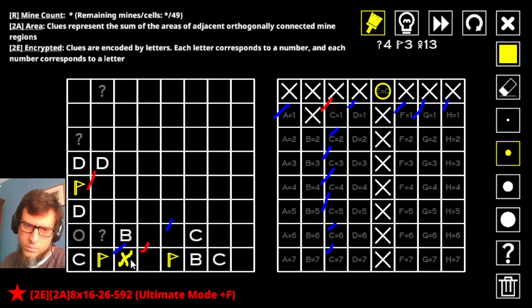Okay, so if this is a mine, then C is at least 2, and so is B. Both B and C are at least 2 in this situation, and one has to be more than the other. In particular, the B has to be more than the C, because this C cannot get anything that's outside of the influence of that B at this point. And so that means B can't be 1. Oh, I already eliminated that.